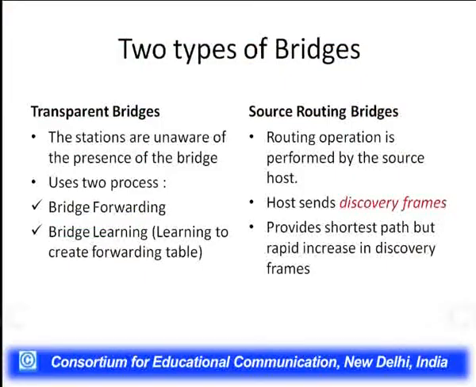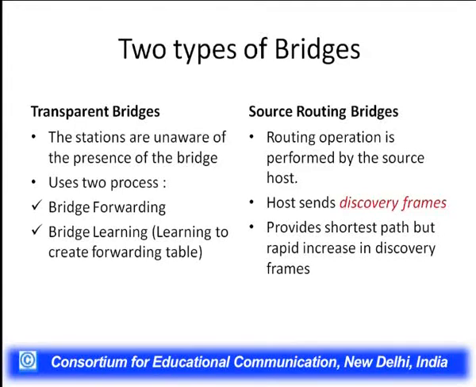First, they use bridge forwarding, and second, they use bridge learning, that is, learning to create a forwarding table. In bridge forwarding, the bridge creates the forwarding table beforehand, and then the packets are routed to any of the interfaces to which the bridge is connected.